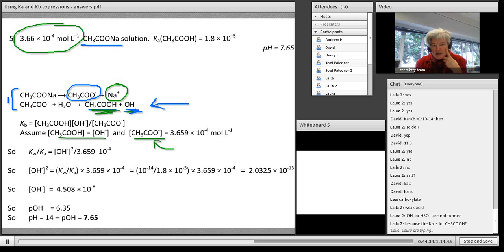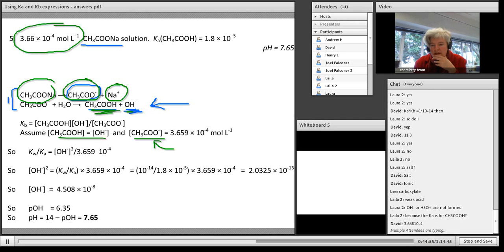So if I had a 3.66 blah blah blah solution of that, what is my concentration of my ethanoate ions? Remembering it's very soluble, it's completely dissolved. Okay, it's going to be exactly the same, correct. Because all my sodium ethanoate has broken up into ethanoate and sodium ions.